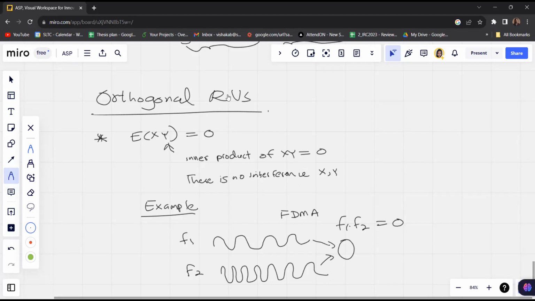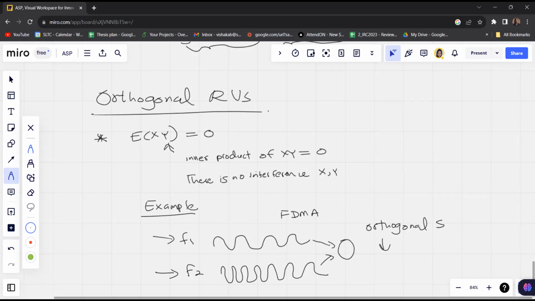So the F1 frequency band should be orthogonal to the F2 frequency band, and only then will the signals be orthogonal, and that orthogonality will let these signals be decoded separately.